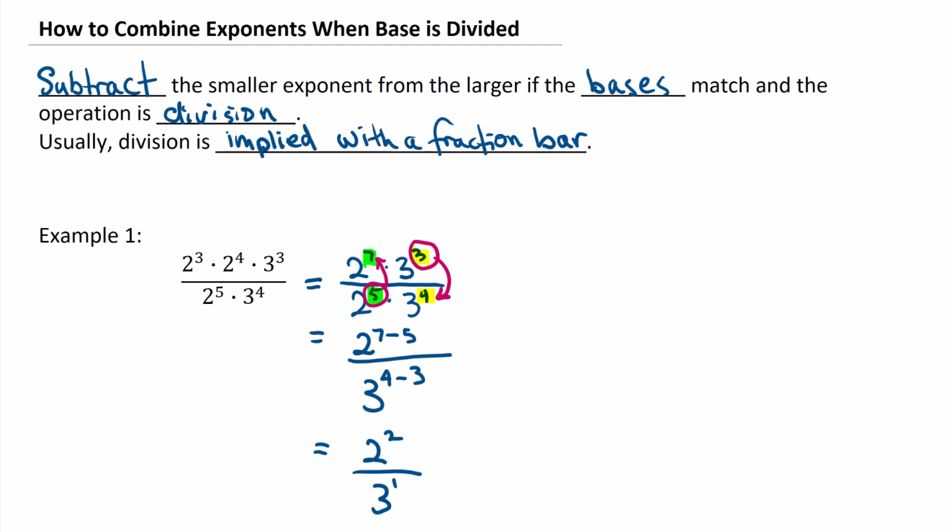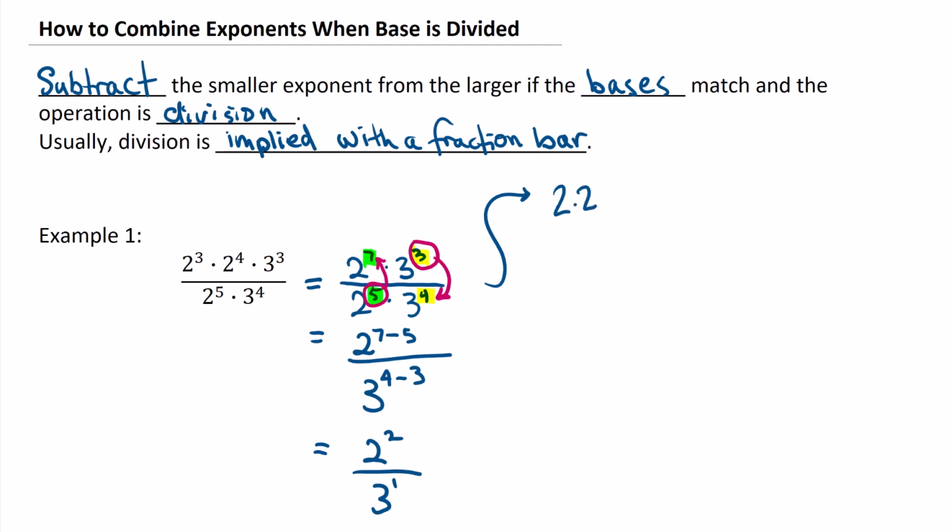The big thing I want you to understand about this process is why this works. It's easy to say, oh, we'll just subtract them, but why does that work? So let's show why this works. I have 2 multiplied to itself 7 times in the numerator.